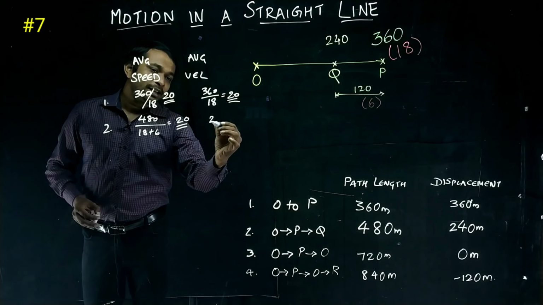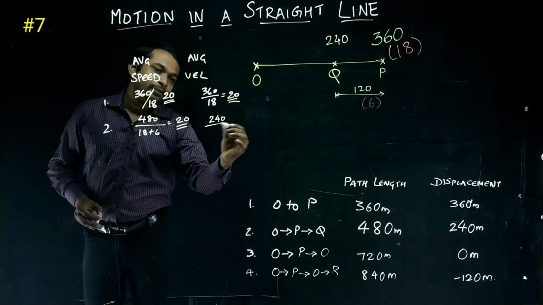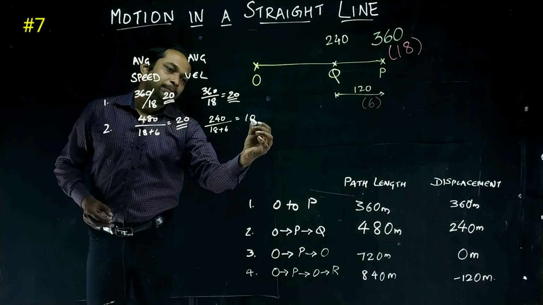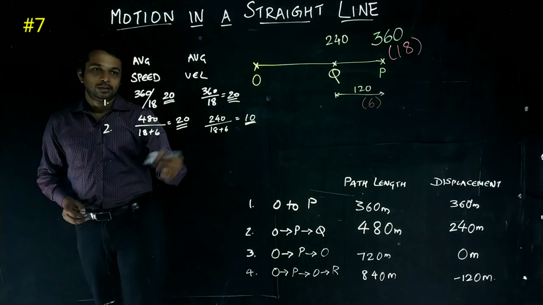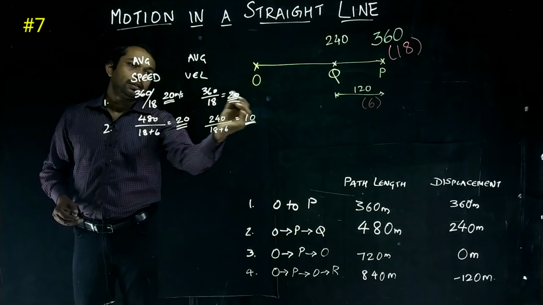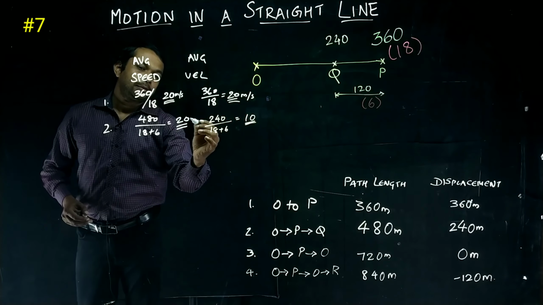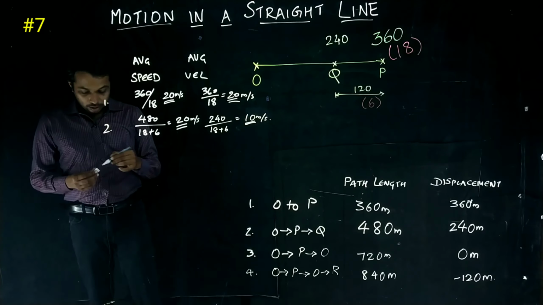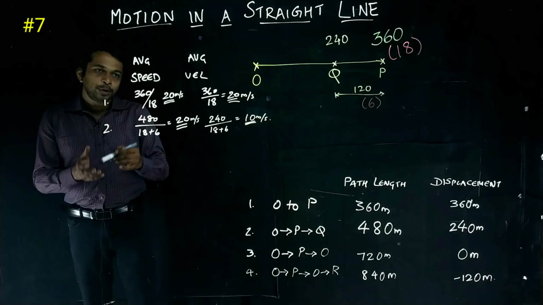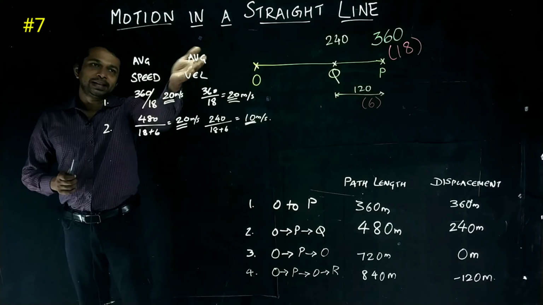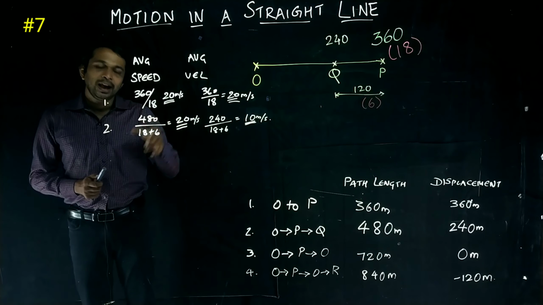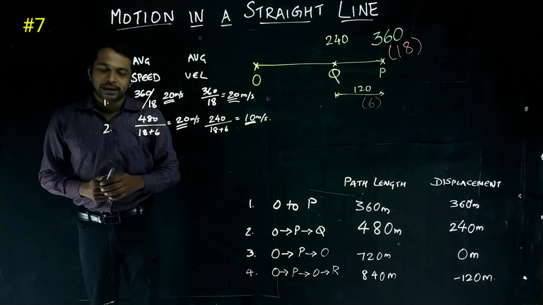The displacement came to 240 divided by the total time, 18 plus 6, which means it became 10. All these are meter per second, okay? Okay, so hope you have understood what is the difference between the average speed and average velocity. In the average velocity, we are considering the displacement.